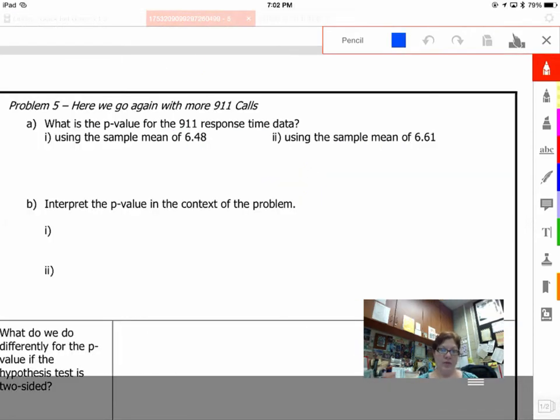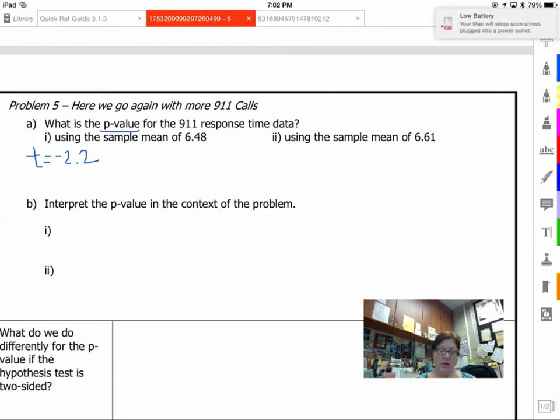So going back to our 911 call problem, if you remember back in the previous problem, problem 4, we actually calculated the t-value, the test statistic for 6.48, which was negative 2.2. And so now we're interested in the p-value for that.